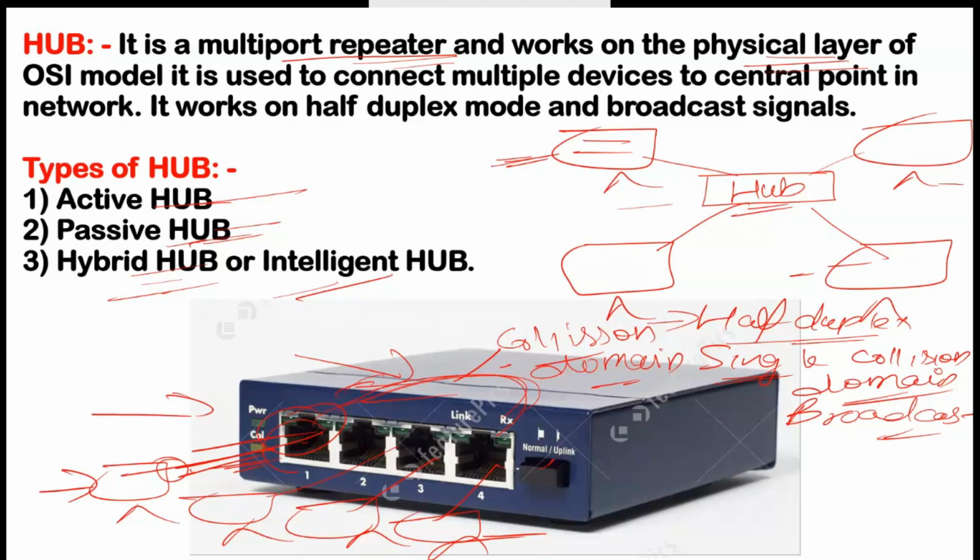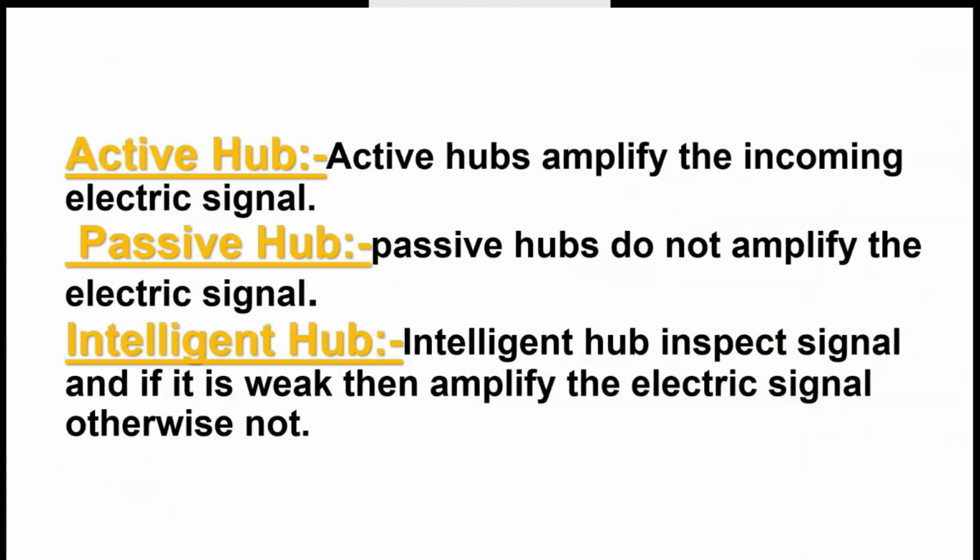So, types of hub. We have three types of hub available: active hub, passive hub, and intelligent hub. What is the difference between them? Active hub amplifies the incoming electric signal, which means it will regenerate the signal. It will not inspect whether the signal is weak or not. If the signal is weak, that's okay, it will amplify. If the signal is strong also, it will amplify that, so it will take the time to amplify that also.